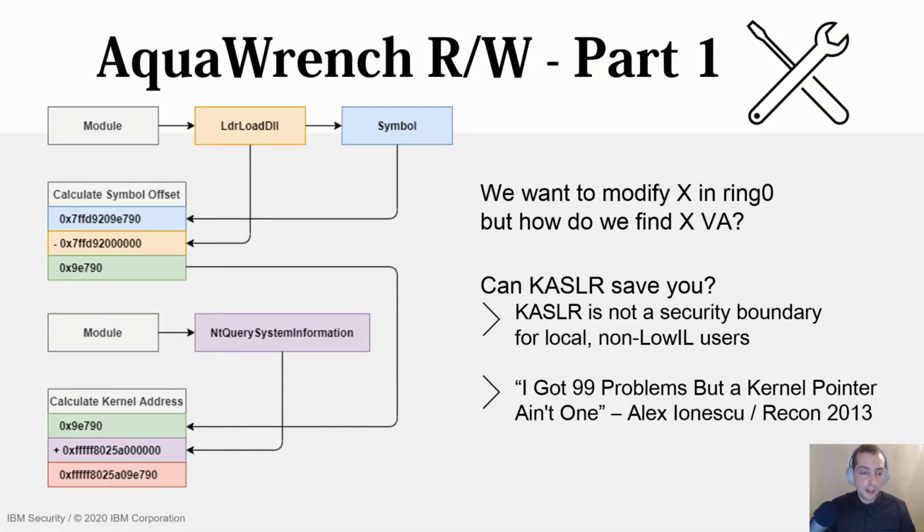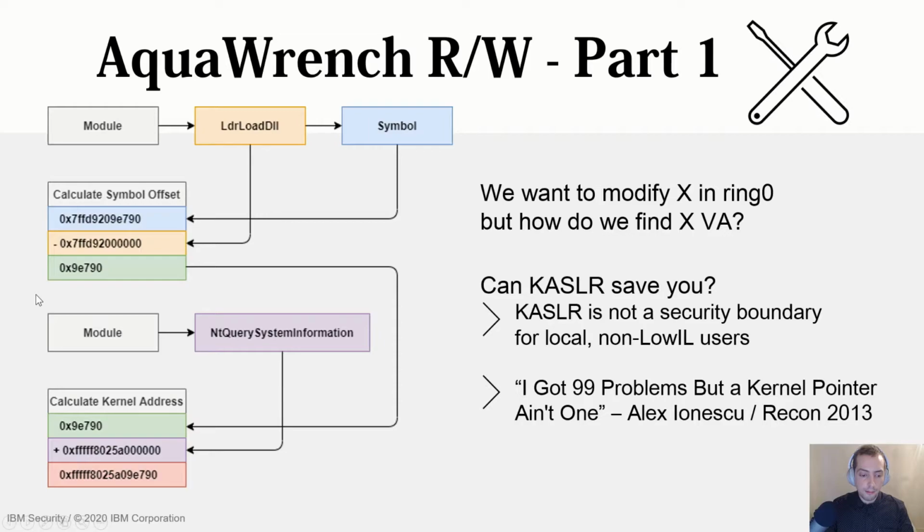The address of the symbol will be larger than the base address. So if we subtract the base address, the yellow block, from the symbol in blue, that gives us some arbitrary small number. This number is in fact the offset from the start of the module to the address that we're interested in. So we just record that value.